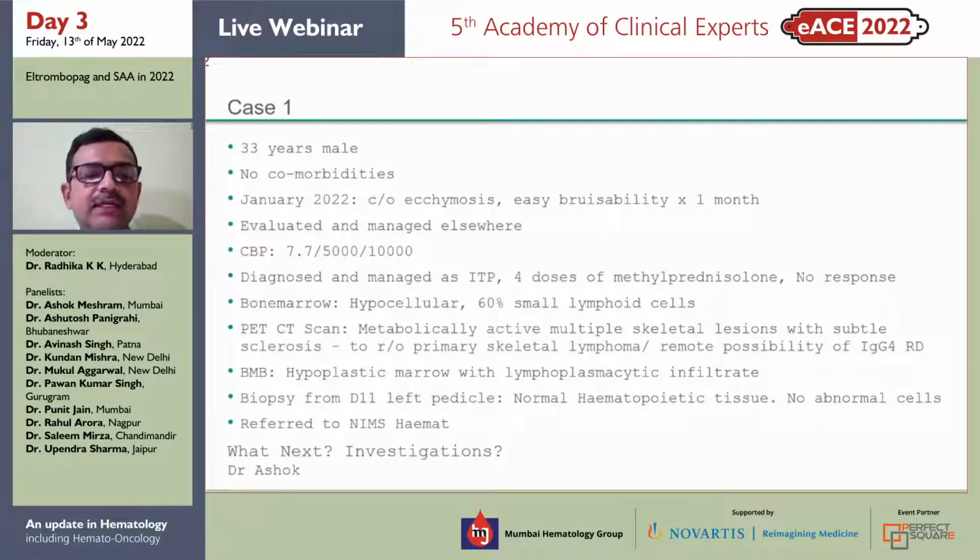And next, because it is a young patient, I will do a detailed clinical examination to see whether it is pointing towards any bone marrow failure syndrome. Accordingly, I will approach evaluation for the inherited marrow failure syndromes. So a detailed clinical examination, then bone marrow cytogenetics, then stress cytogenetics to rule out Fanconi.